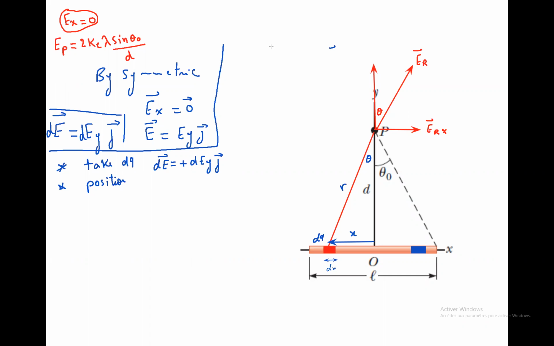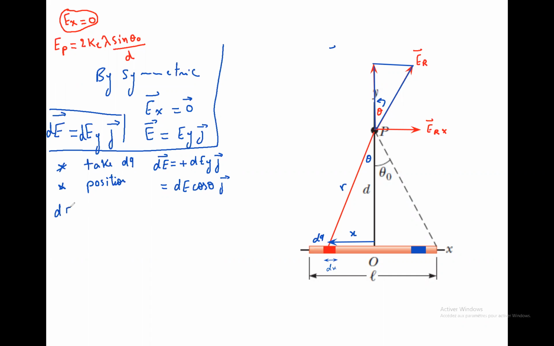If you take this triangle, dEy here is adjacent to the angle. So cosine theta: dEy equals dE cosine theta J.